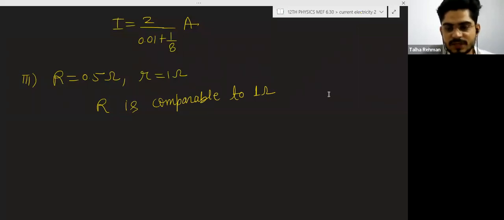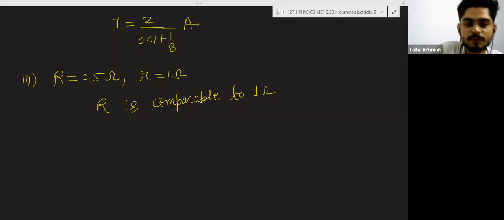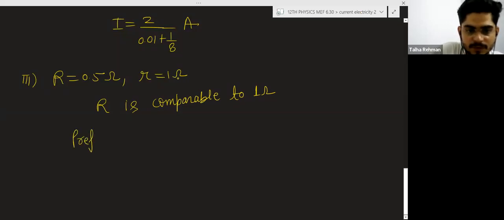These both resistances are comparable now. This is 0.5, this is 1. So which combination will you prefer? You will prefer mixed combination.